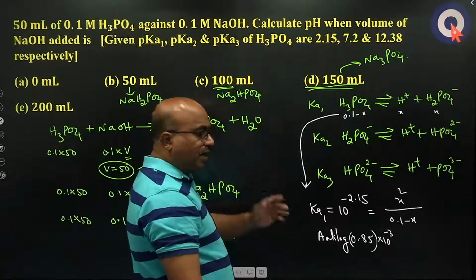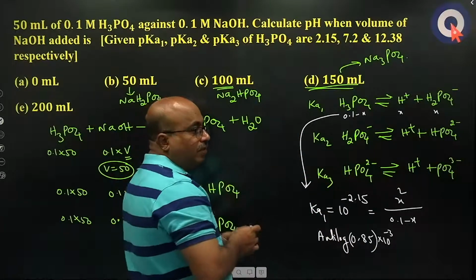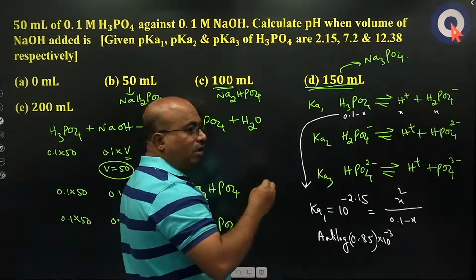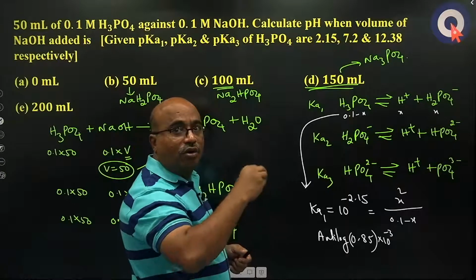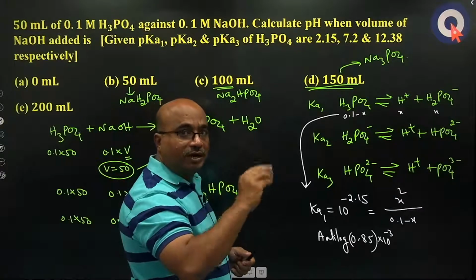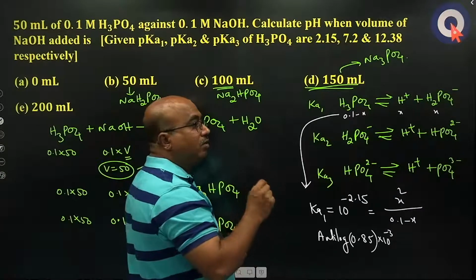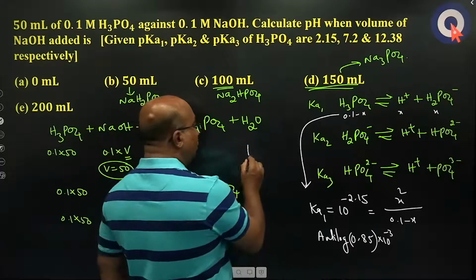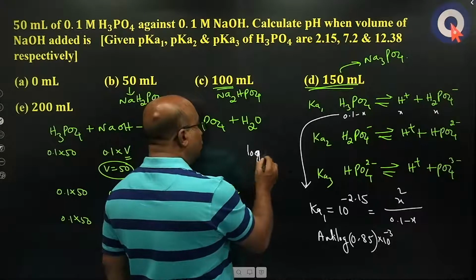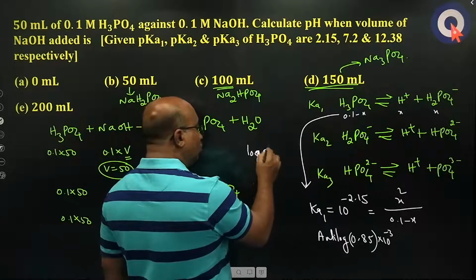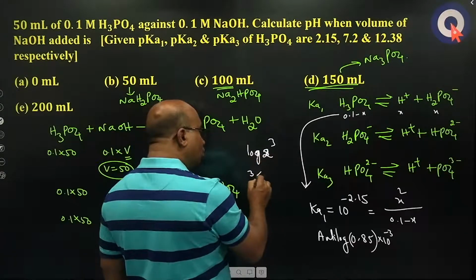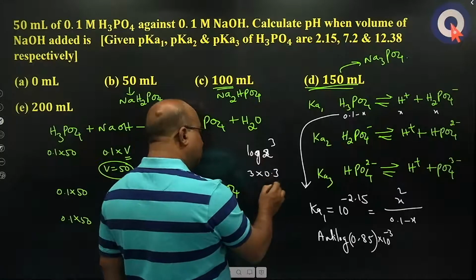So what is the anti-log of 0.85? Suppose log 2 is 0.3, log 3 is like that. We go on doing it, where you get, say, log 8. Log 8 will be nothing but 2 cube, so log 2 cube is nothing but 3 into 0.3, which is 0.9.